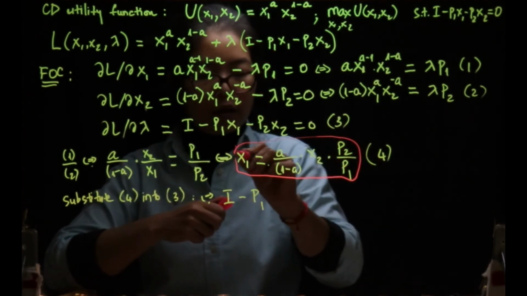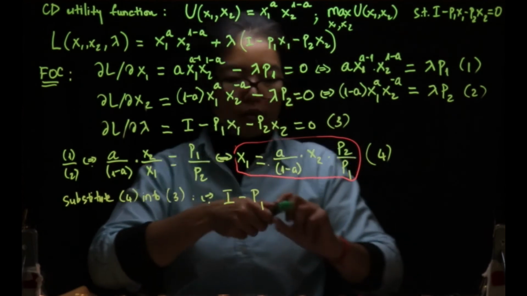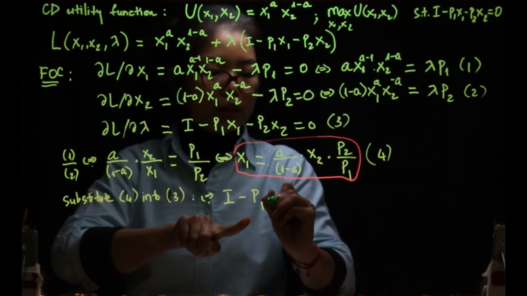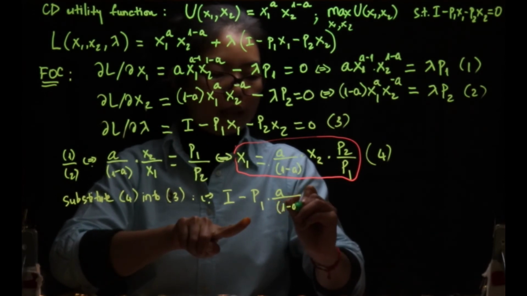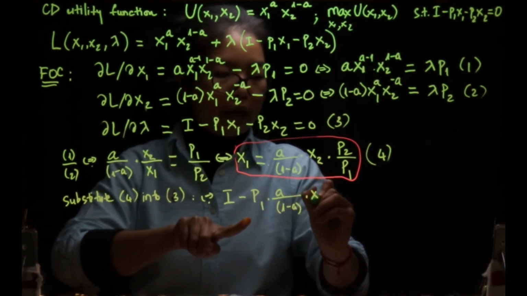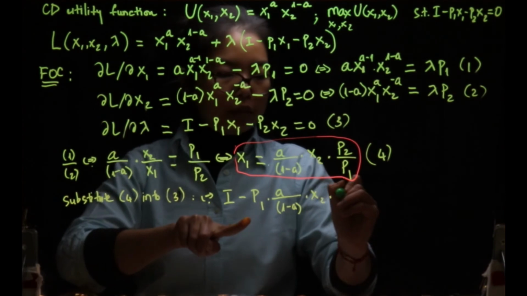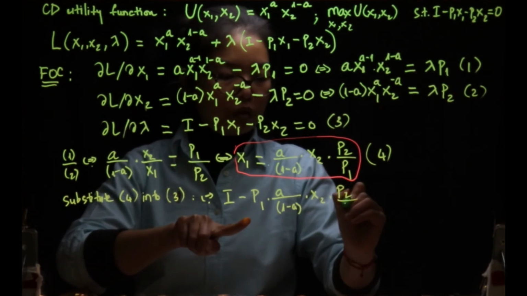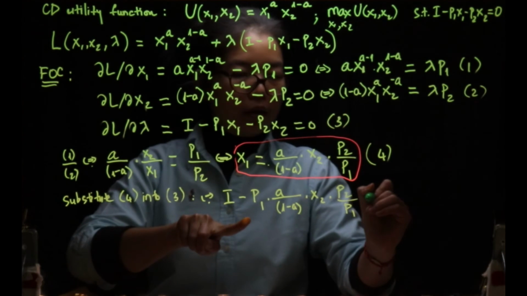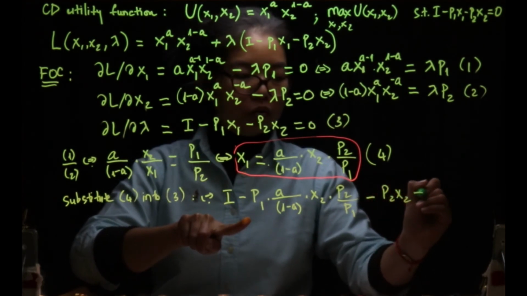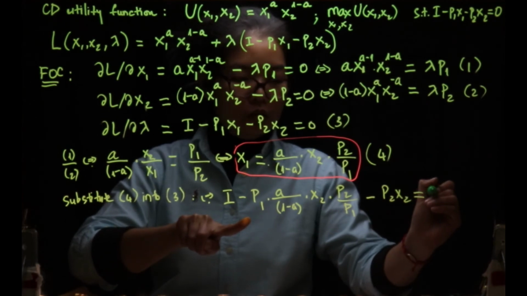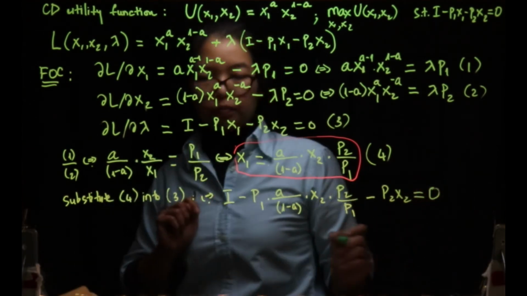So p1 times a over 1 minus a times x2 times p2 over p1, minus p2 x2, which equals 0.